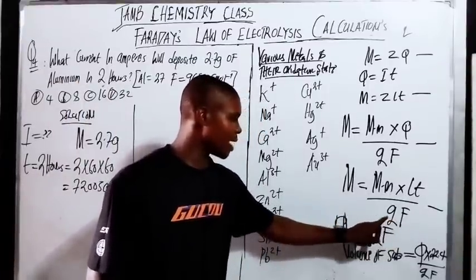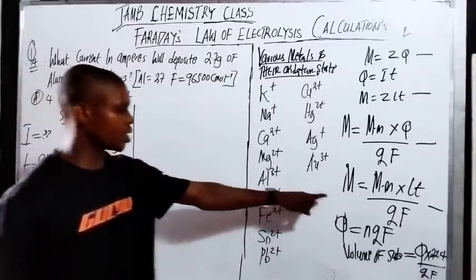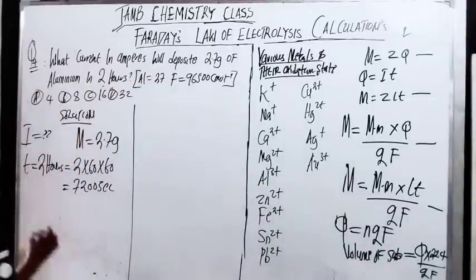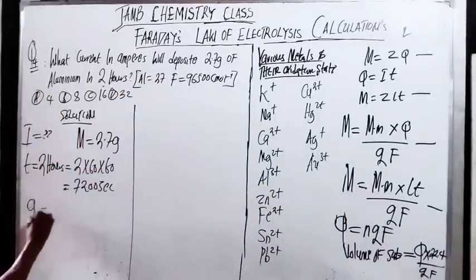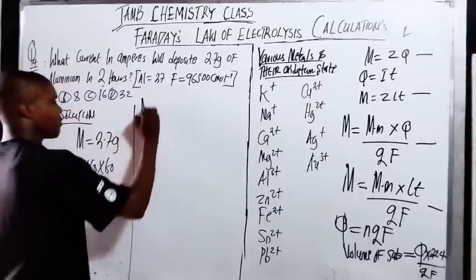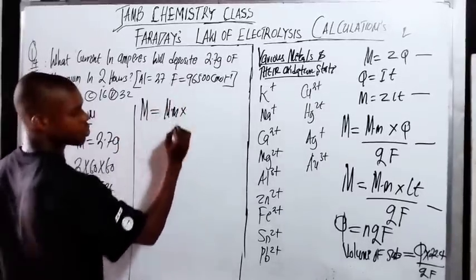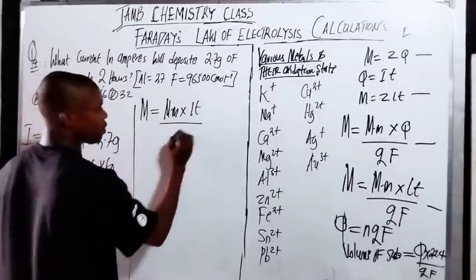F is the Faraday constant. Then what is my Q? My Q, aluminum is 3 plus. Remember, Q is the oxidation state, right? So my Q here is going to be 3. So I am using M equals the atomic mass times I T over Q F.